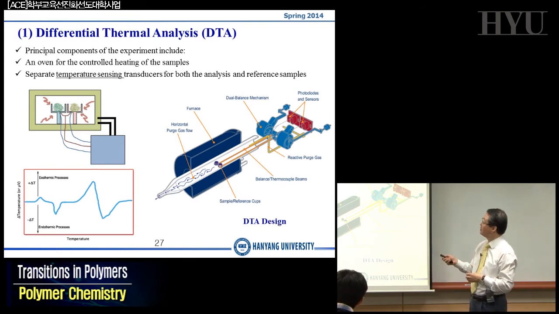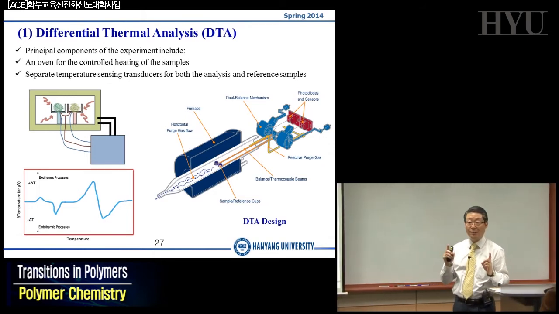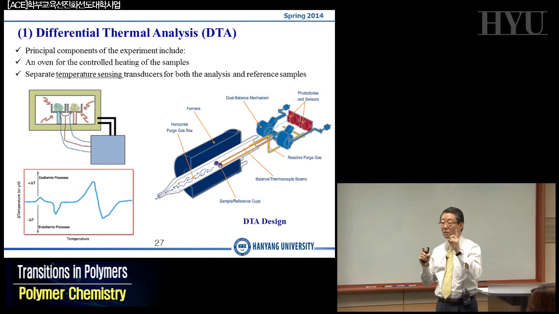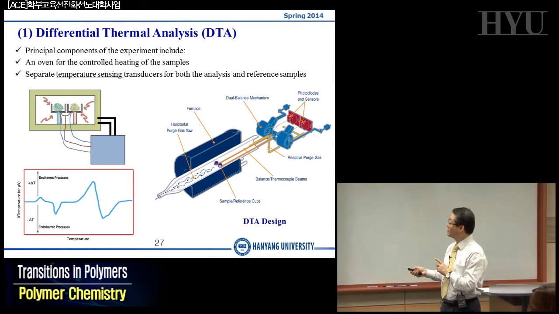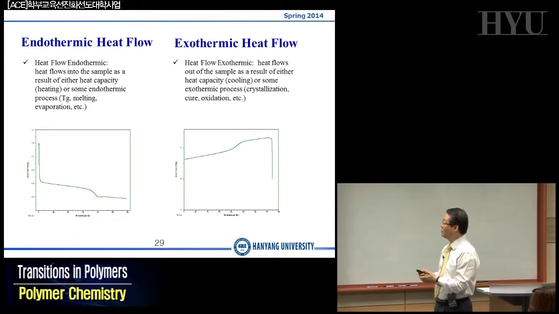Now, this DTA, as it says, just detects the temperature of the sample pan and the reference pan. Okay? And this is what they call differential thermal analysis. Now, DSC is differential scanning calorimetry. It's very similar to DTA, but a little different in terms of the heat balance.